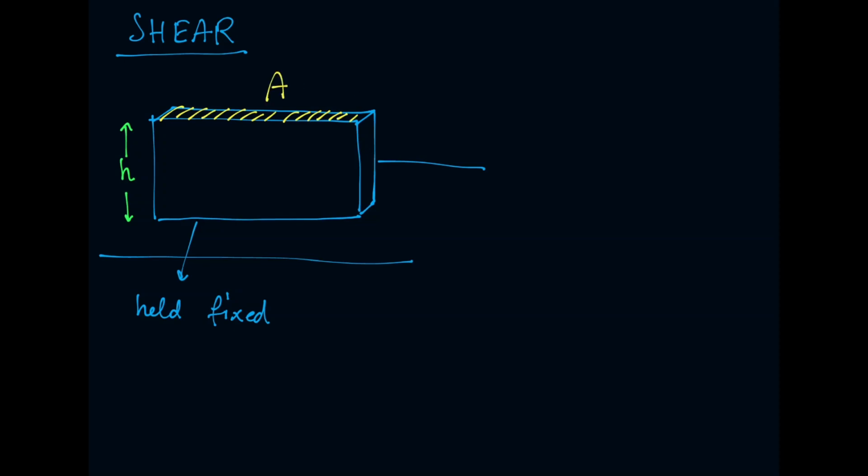In the case of stress and strain that we talked about, there was an external force applied perpendicular to this face, either up or down, causing a change in the height of this object. When it comes to shear instead, we consider a force that is applied parallel to this face.